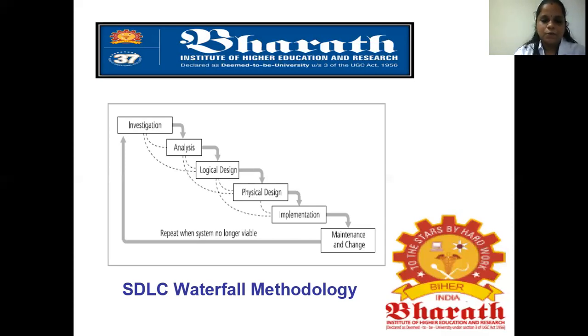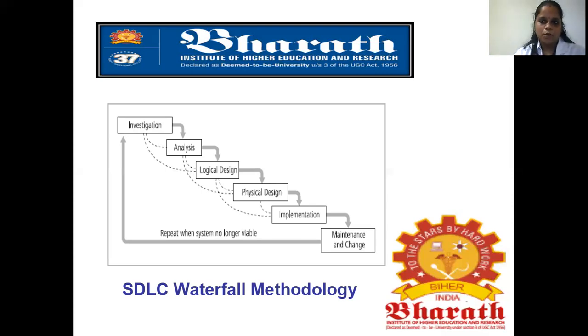Whenever the feasibility study proves that it is not feasible, you can redo the phase or move to the previous phase. This viability study is given in the diagram itself.